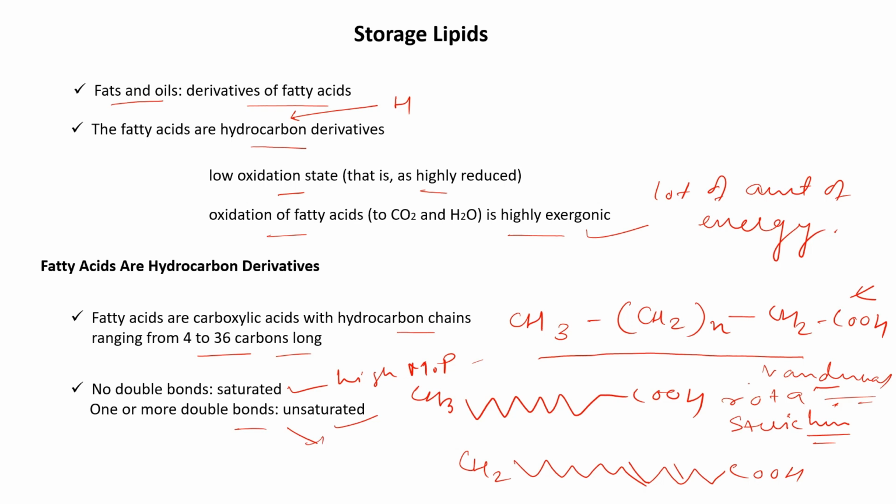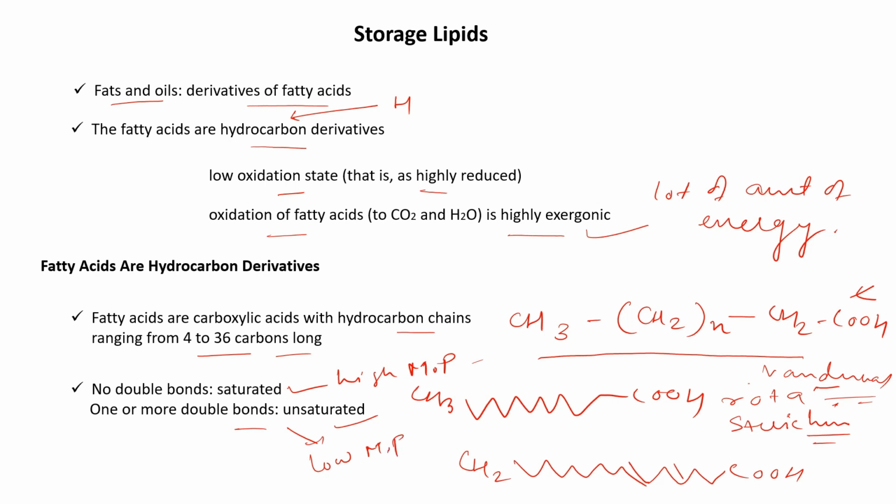Coming to unsaturated fatty acids, because they have double bonds, there are places in the molecule where free rotation is not possible, because of which they are not tightly packed like saturated fatty acids and have a low melting point.